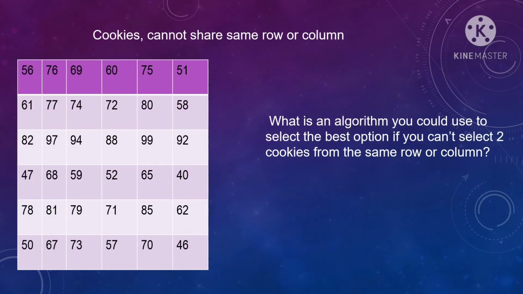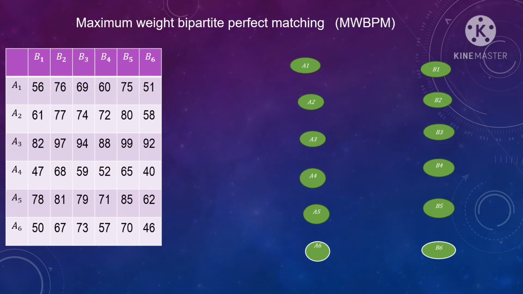What is an algorithm you could use to select the best option if we can select two cookies from the same row or column? A3 to B5.